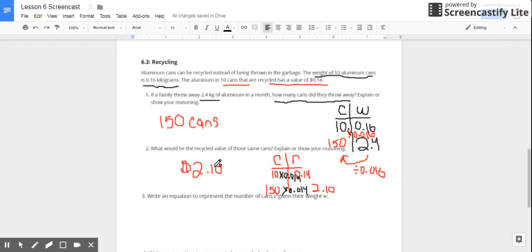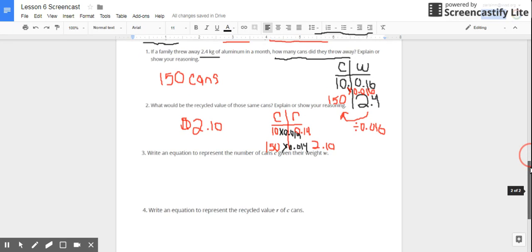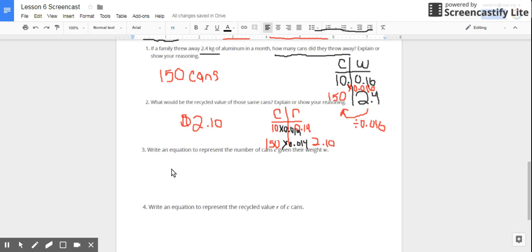Now you will need to flip over to the back page because the next two questions that we're going to go over are on there. We're going to do number 3 and number 4 by looking at our tables. Number 3 wants us to write an equation using C for cans and W for weight.